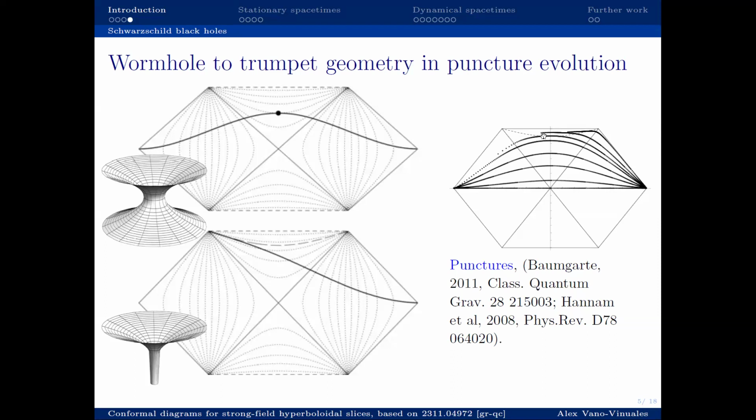At some point you're going to be numerically disconnected from the original end of the slice, and you're going to get one of these lines on top here of the diagram, which look very similar to a trumpet slice.